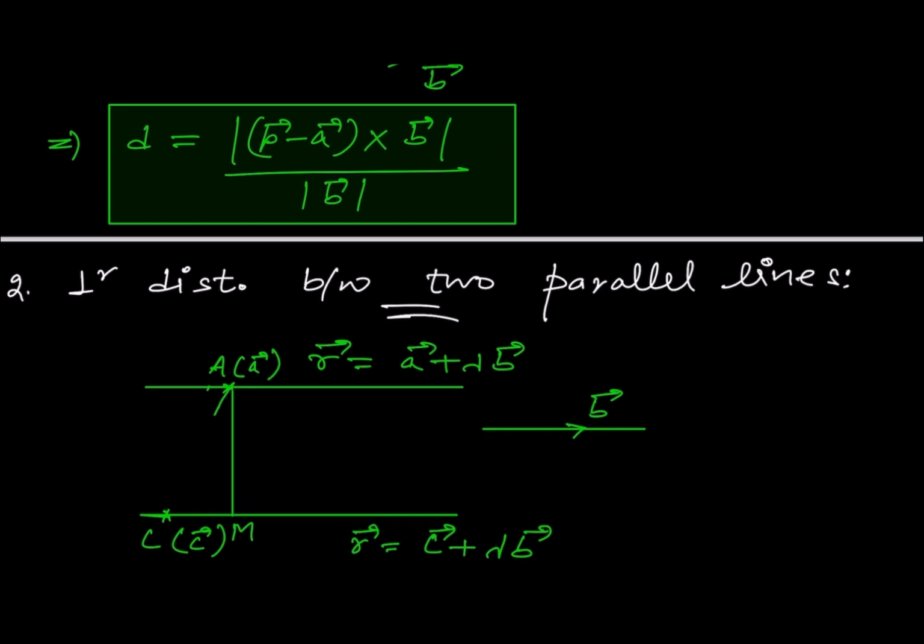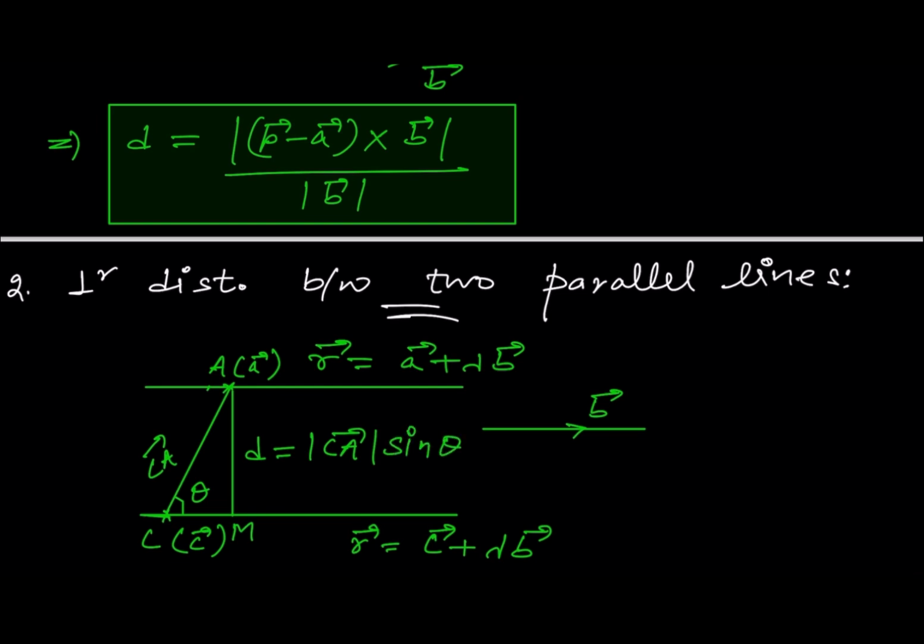So again we will join A with C and it will become CA vector. So if this CA vector is making an angle theta, or inclined with angle theta, with the lower line, AM, which is D, will become mod of CA vector sine theta.